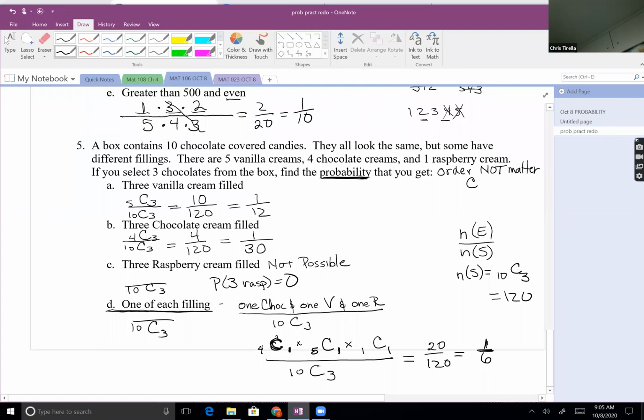If order does not matter, it's your combinations. If order does matter, it's your permutations. Sometimes they're pretty straightforward and you can just use your permutation on the calculator. But a lot of times I find those permutations are easier where I picture putting the things in a line and filling in blanks.